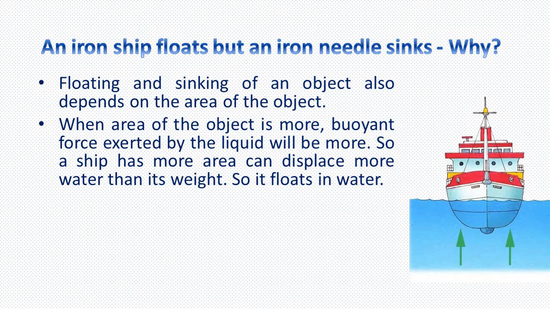So a ship, having more area, can displace more water than its weight. So it floats in water. In this picture, you can see that the area of the ship under the water is more. Therefore, it can displace more water than its weight. So it floats in water. Clear?